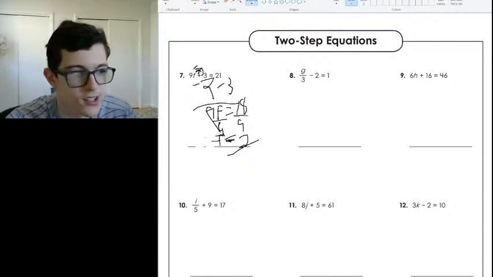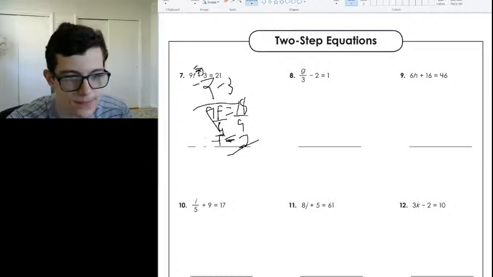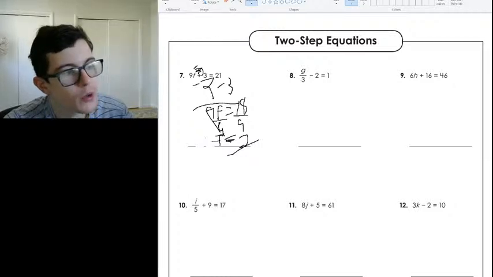In just about a couple seconds, I'll get on the next problem. So now that we've hit 28 minutes, I'll move on to the next problem.